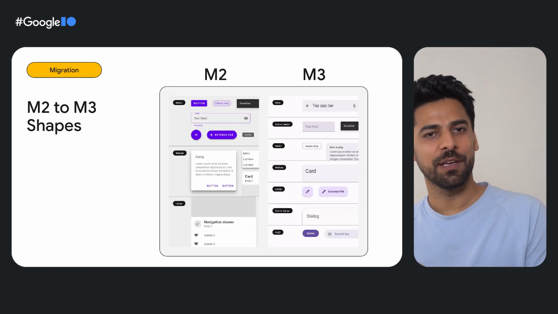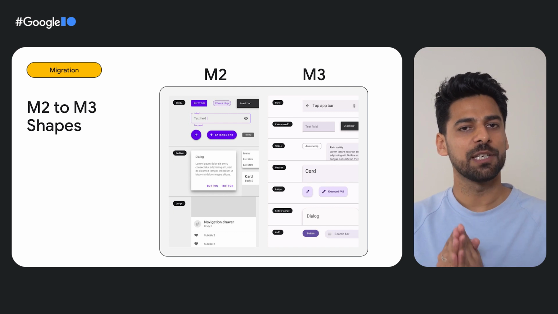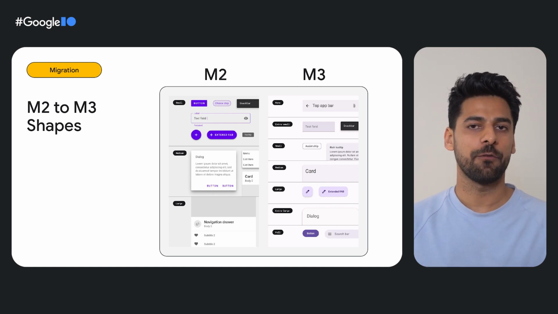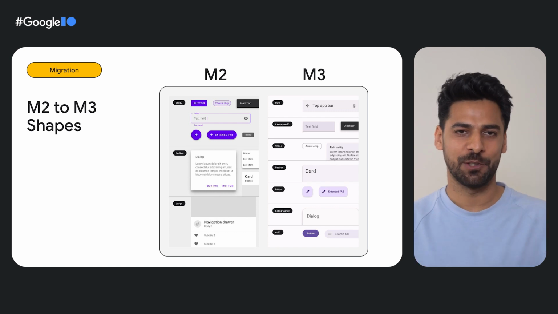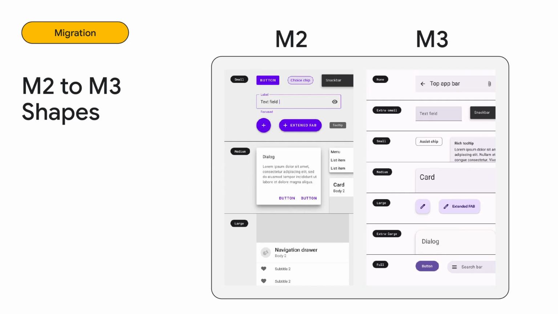Similar to typography and color, shapes in Material 3 also have an increased number of parameters to provide an expressive range of shapes across the UI. Material 3 shapes introduce new extra small and extra large shapes along with the existing small, medium, and large shapes.